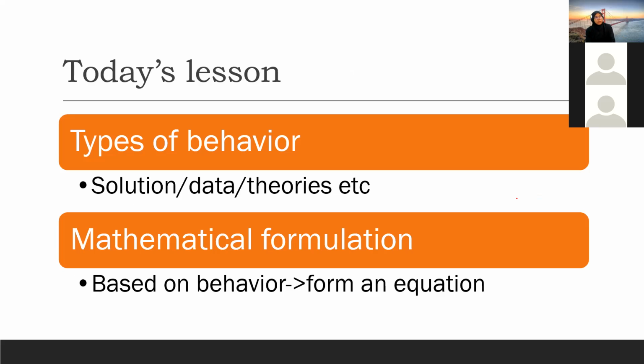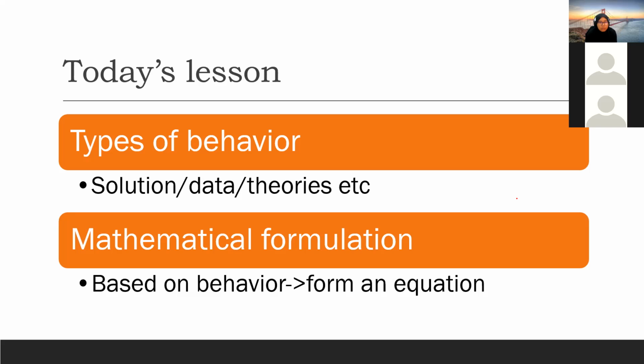So for today's lesson, the next one, this last hour, we want to find the types of behavior. We want to find out the types of behavior based on the solution, based on data, or based on existing theory.